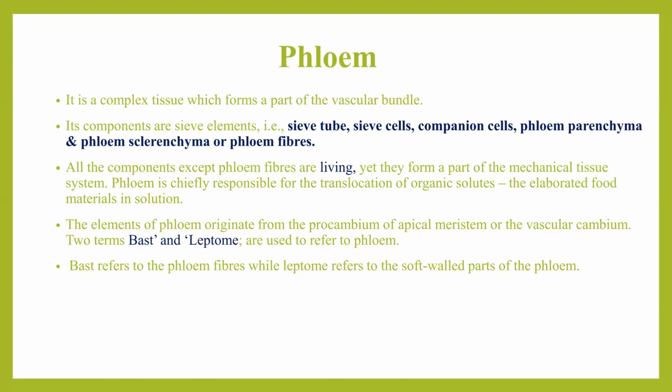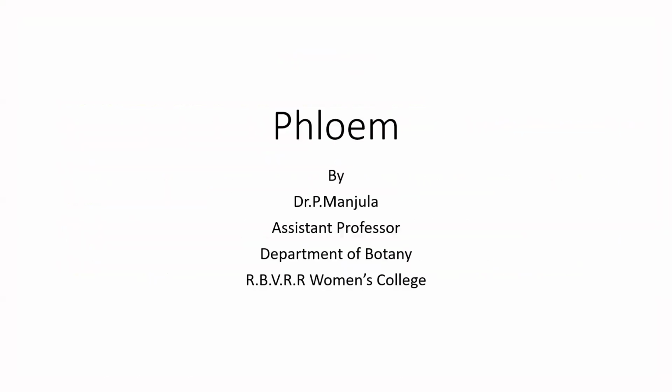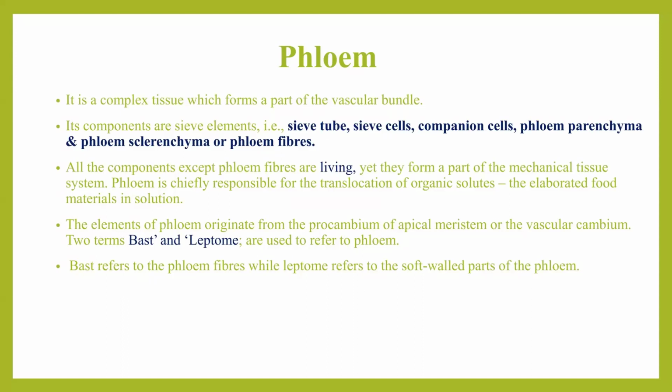The main components of phloem are sieve tubes, sieve cells, companion cells, phloem parenchyma, and phloem fibers. Another name for phloem fibers is phloem sclerenchyma. All components except phloem fibers are living.